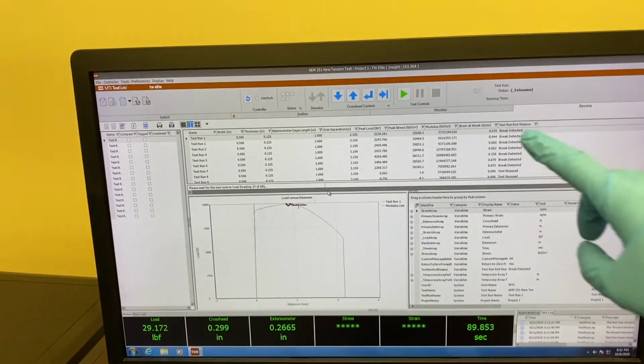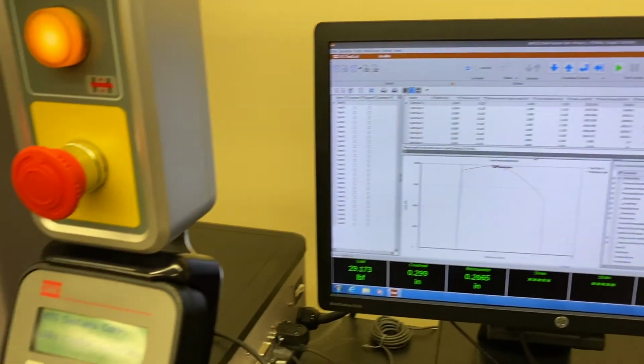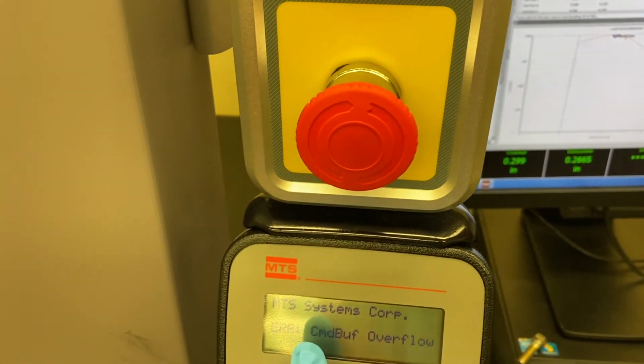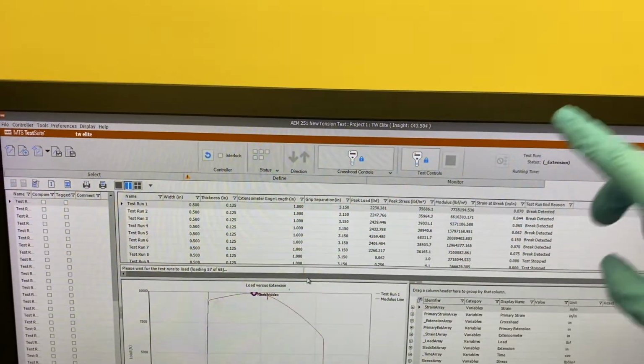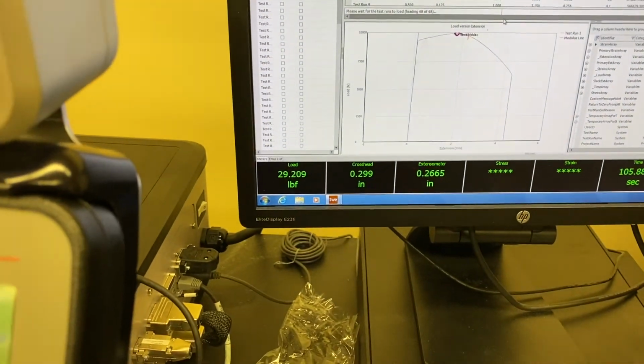Now that our program's opened, we can look at the orientation. If we want to use our controller, we notice that it's set to that play pause region I just pointed out. If we press to unlock the controller, it now shows that we have control over our MTS machine.